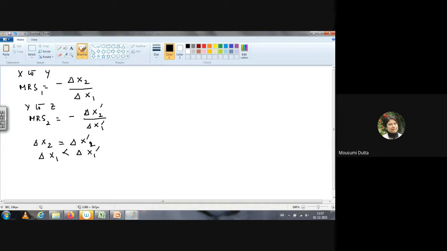is the value of the ratio continuously rising or falling? Consider the absolute value. The numerator is same. The denominator has increased from this. So the ratio is falling or ratio is increasing?